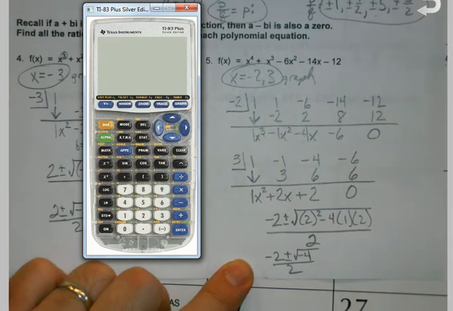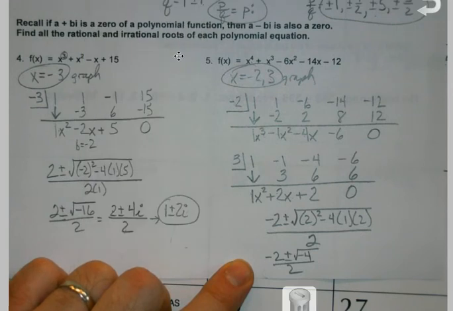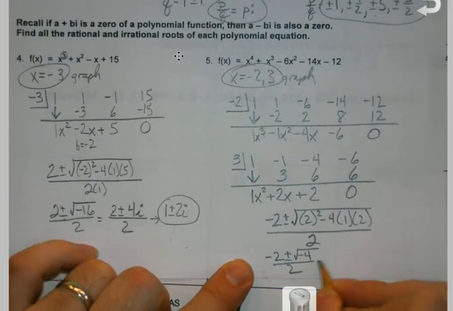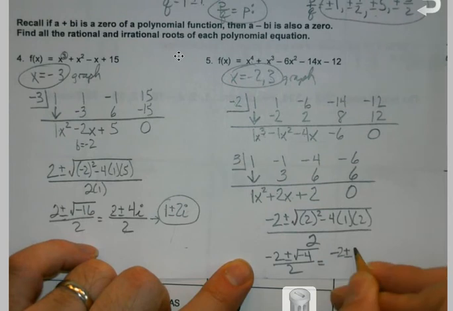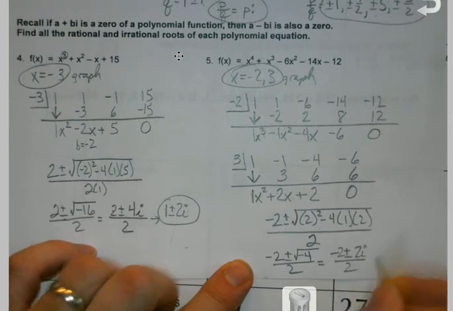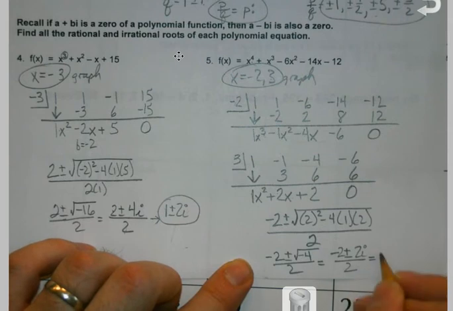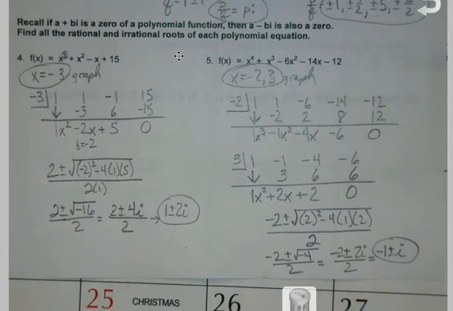And similarly to what happened in number 4, with that negative, I'm going to have to pull an i out, and then I'll have the square root of 4, which is 2. And they're all divisible by 2. And again, I could put the over 1, but I don't have to. Not a big deal.